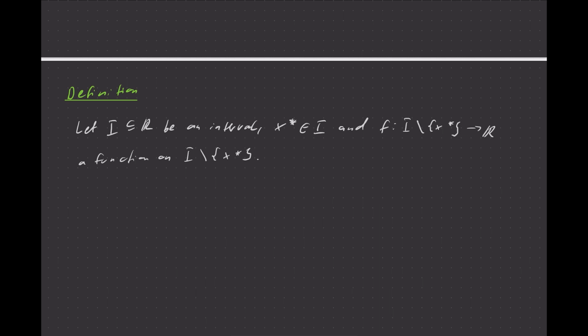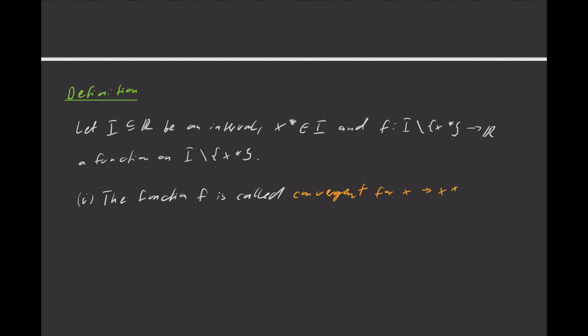So, first part of the definition. When is a function convergent as x tends to x star? So we are interested in limits of f at the point x star. We first define the function f is called convergent for x to x star.